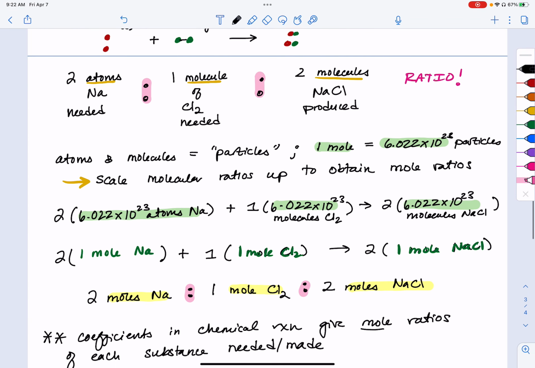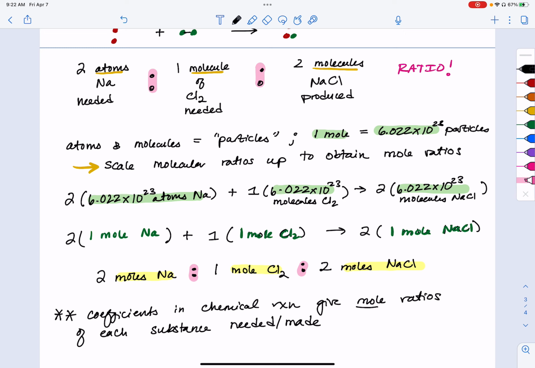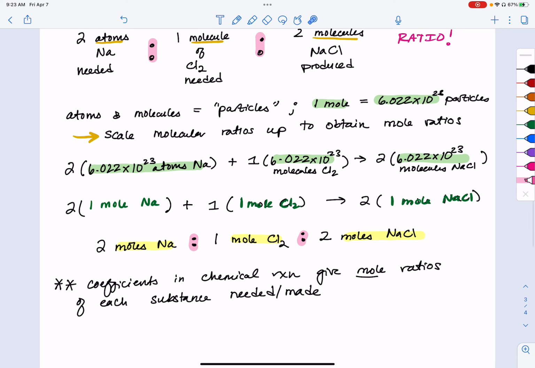So this reaction will only occur if I have a ratio of 2 to 1 to 2 moles of sodium to chlorine to sodium chloride. Based on this kind of atomic and molecular analysis here, scaled it up, we can now get coefficients giving us mole ratios.